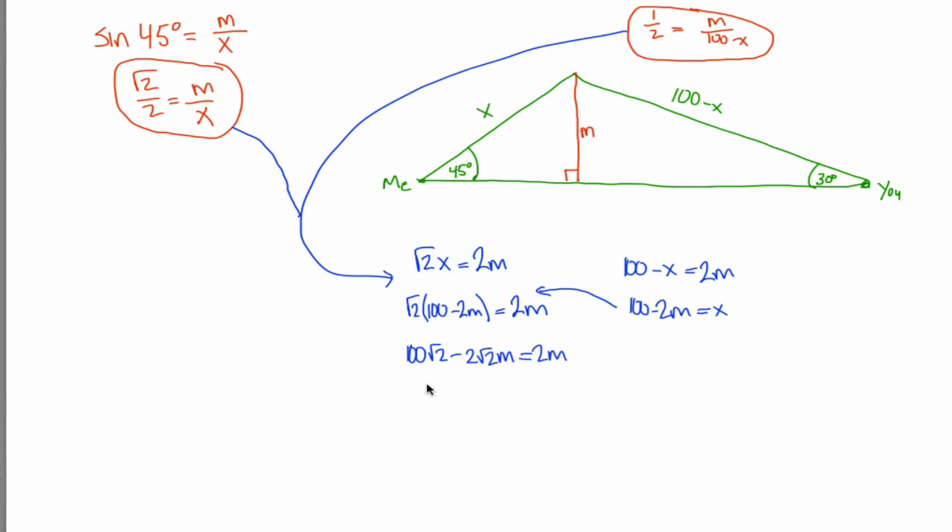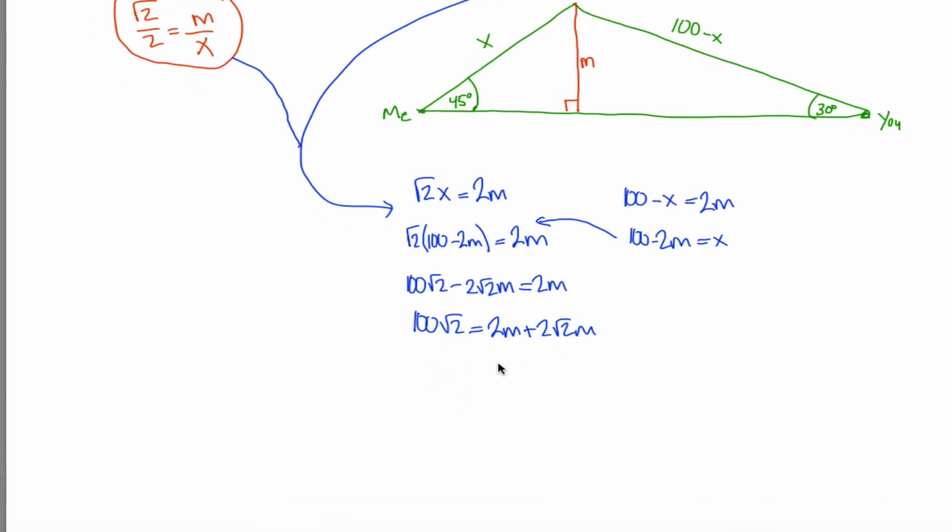So if I add 2 root 2 m to both sides of the equation, I get 2m plus 2 root 2 m is equal to 100 times the square root of 2. And so to solve for m, I'll factor out an m to get 2 plus 2 root 2.